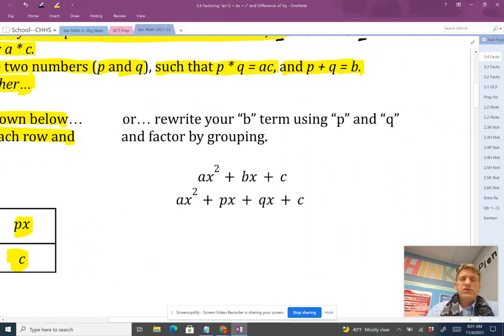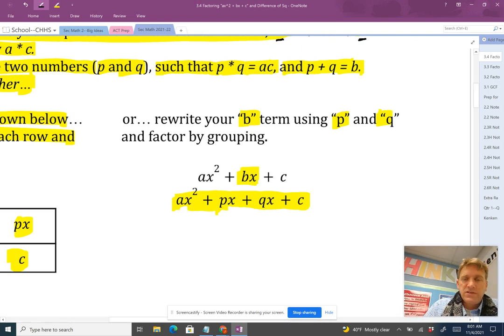Or rewrite your middle term using p and q. Since p plus q equals b, px plus qx equals bx. And so you can rewrite that ax squared plus bx plus c as a polynomial with 4 terms, and then you can just factor by grouping, as we have seen before.